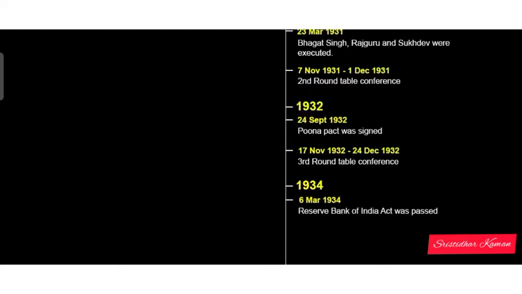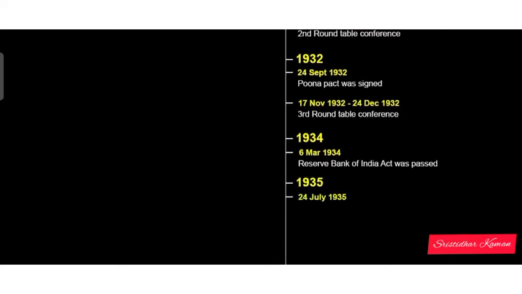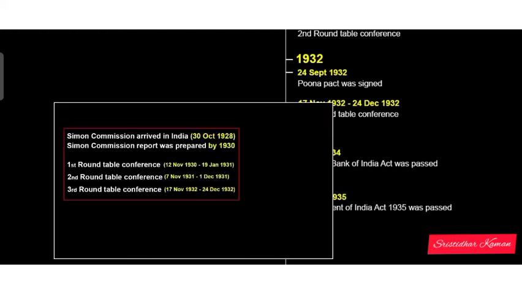On 6th March 1934, the Reserve Bank of India Act was passed, under which the Reserve Bank of India was formed. On 24 July 1935, the Government of India Act was passed by the British government. As I've told you, all the things that were discussed and suggested from 1930 to 1933 in the name of roundtable conferences and the Simon Commission report of 1930 were finally seen in the Government of India Act 1935.